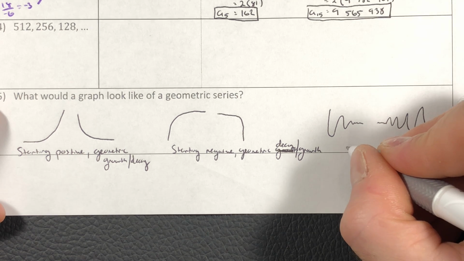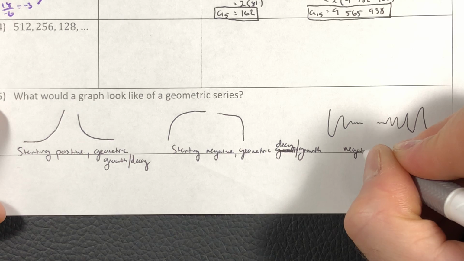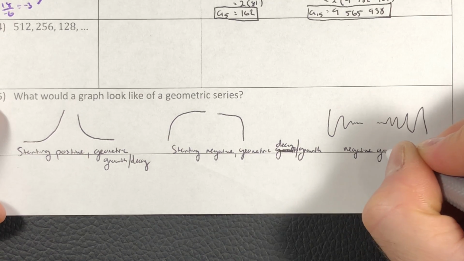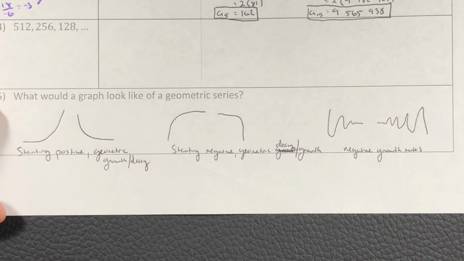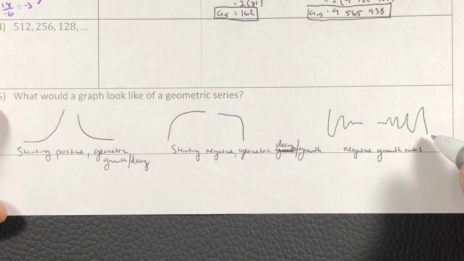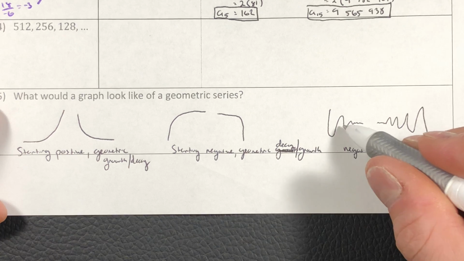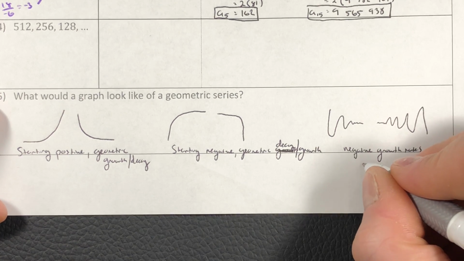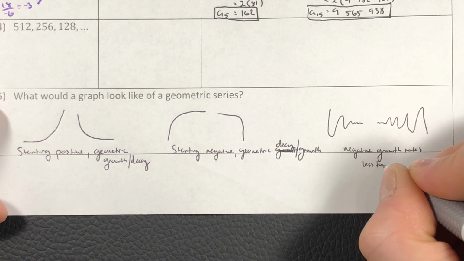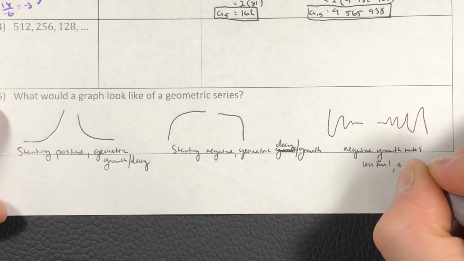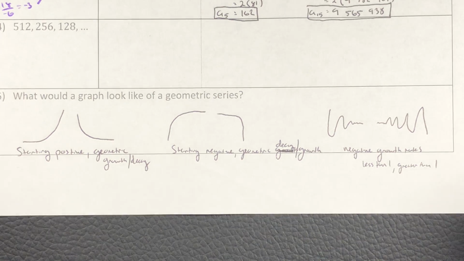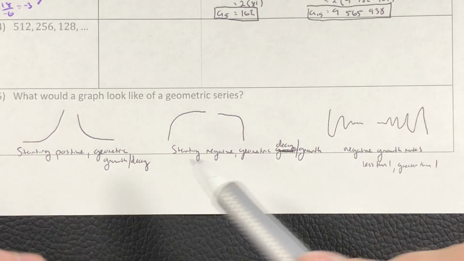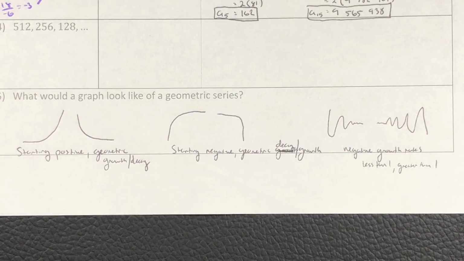We have negative growth rates. One, the negative is less than 1, and one that is greater. Perfect. There we go. So our geometric series do look a little different than our lines like before.